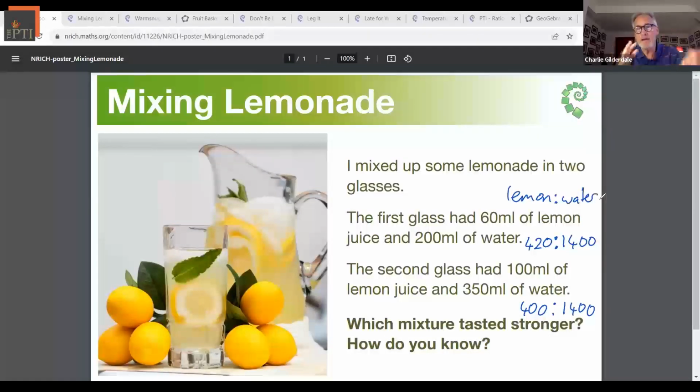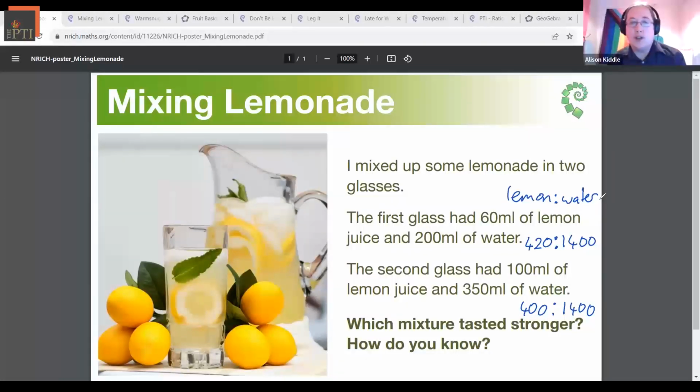But I can also picture this, the idea of having a jug, and I don't just pour one glass, I pour 7 glasses of the first one, and then with the second jug, I pour 4 glasses. So I find it much easier, and I think students find it easier, to appreciate why you can be multiplying both sides of the ratio by the same amount.